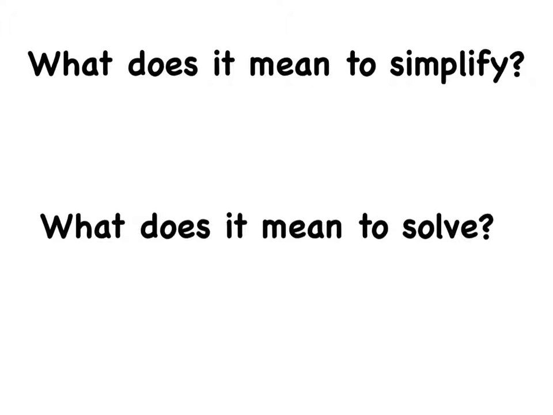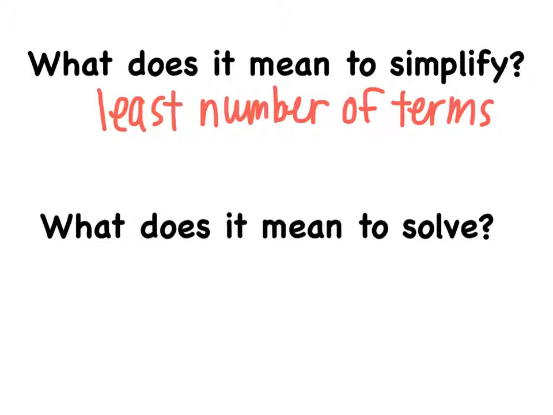So I want to go back to the difference between simplifying and solving. Simplifying is when we find an equivalent expression with the least number of terms. So we might have a great big long expression, and we add up all of the x's, we add up all of the constants, so we have just two terms.